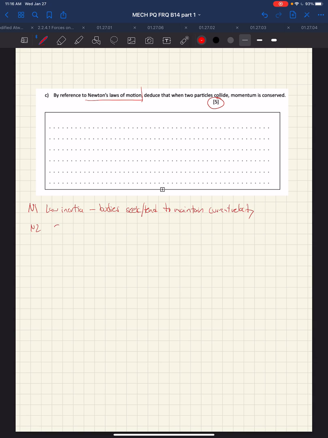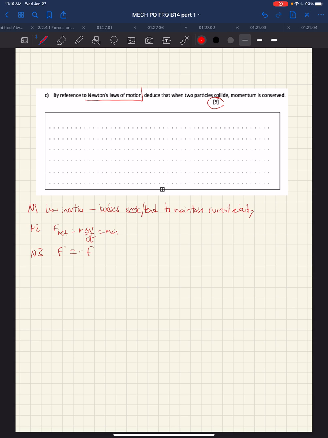Newton's second law is that the net force is equal to the rate of change of momentum. Newton's third law is the consequence of those two, and it states that for every force, there is an equal and opposite force. So those are Newton's three laws.